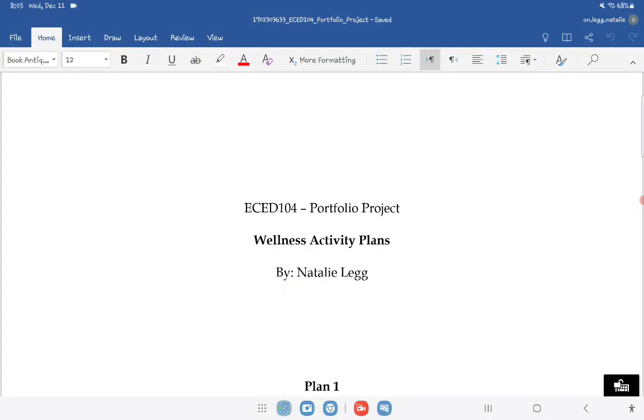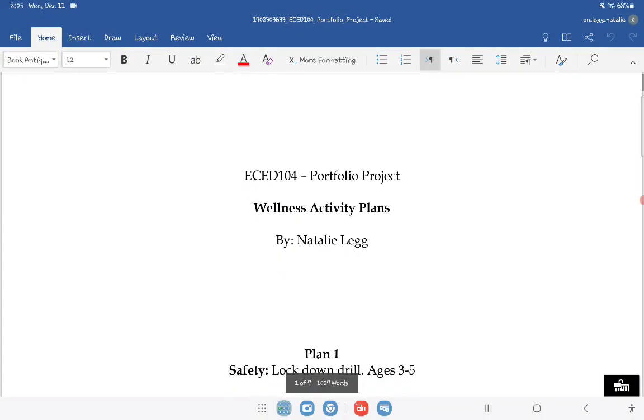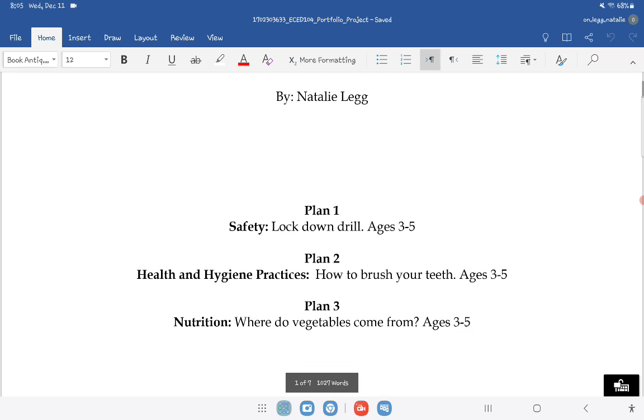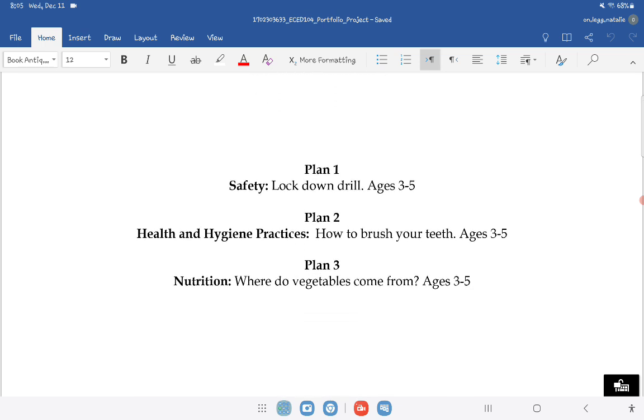This next portfolio project is from ECED 104, which meets the institutional outcome of integrating health, safety, and nutrition practices according to local, state, and national standards. So what we did was go through our particular state, my home state of Florida.